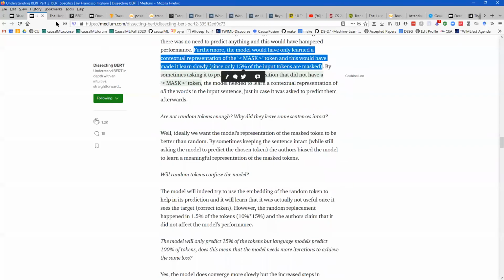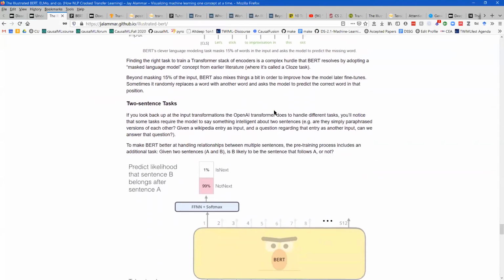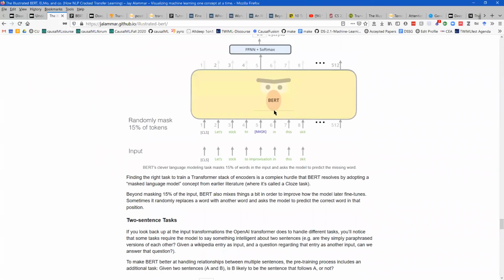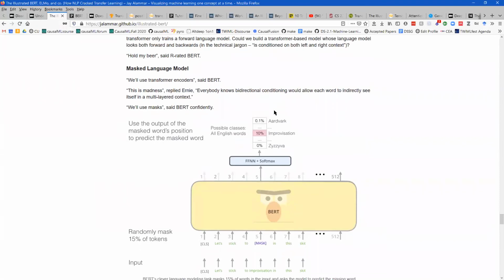Okay. So back to Jay Alammar. Here he goes through this masking bit, and then he talks about the second step. So that's the first task it's trained on, this masking task, the masked language model.